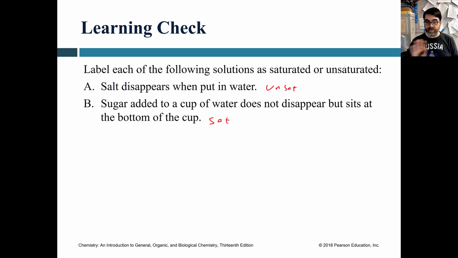And I was very guilty of this as a kid, of just saturating my solution, Kool-Aid, or whatever drink it was, tea, just adding a ton of sugar to it, and then you could not get it to dissolve because it was saturated. You dissolved the maximum amount that was in there, and you couldn't get more to dissolve, and yet I just kept adding it in, and then I just had wet sugar at the bottom.